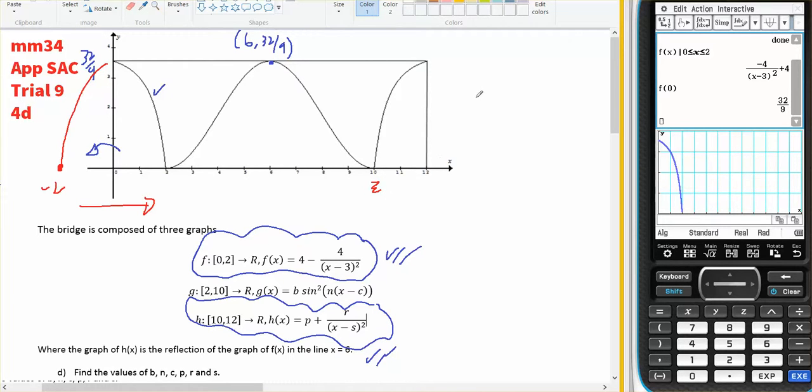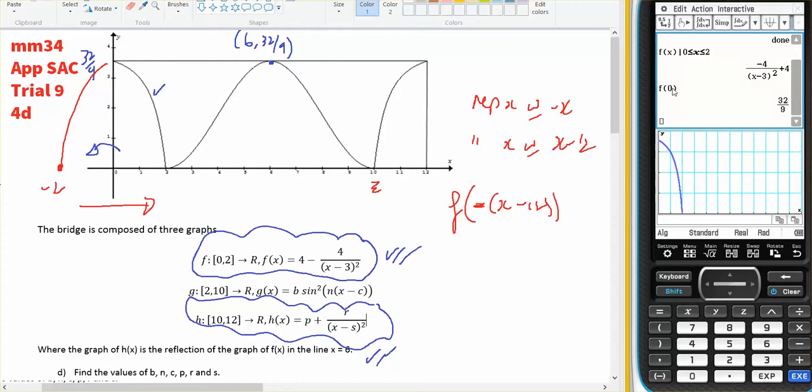So I want to replace x with -x because it's a reflection over the y. Then I want to replace x with x minus 12. So f of minus x minus 12 should give me this rule here. The negative first is the reflection over the y-axis, then x minus 12.